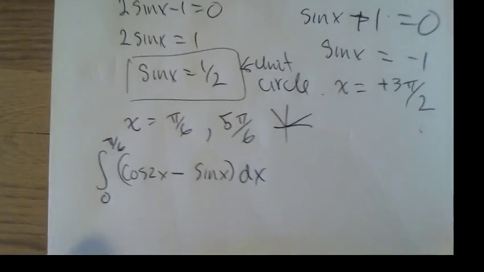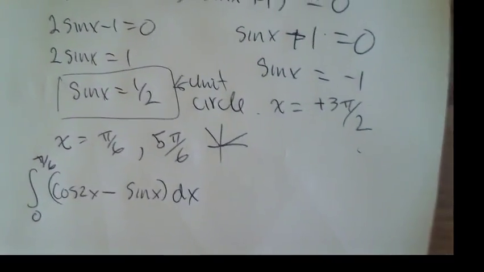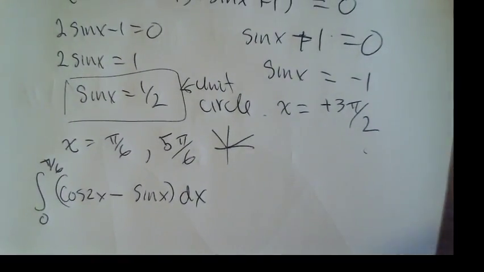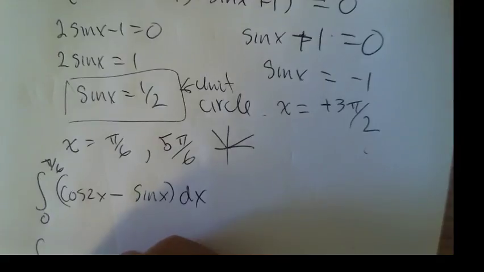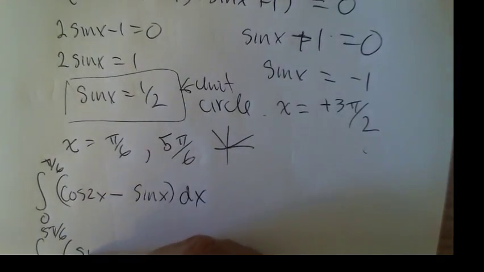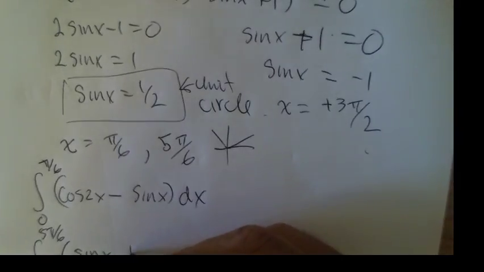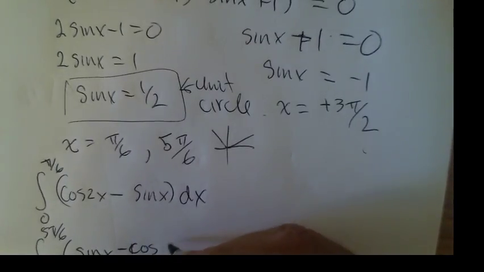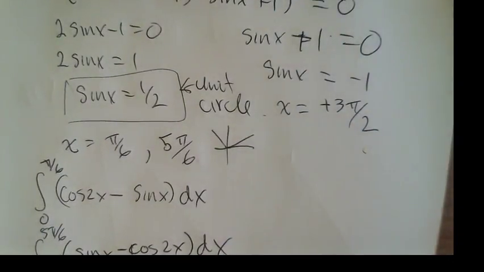Then from there, they flip. So from pi over 6 to 5 pi over 6, we'll get sine of x minus cosine of 2x dx.